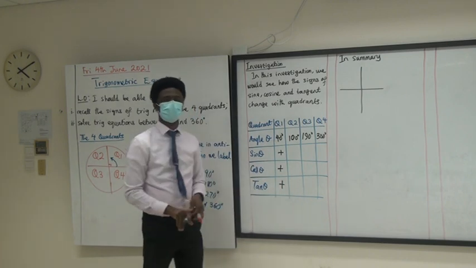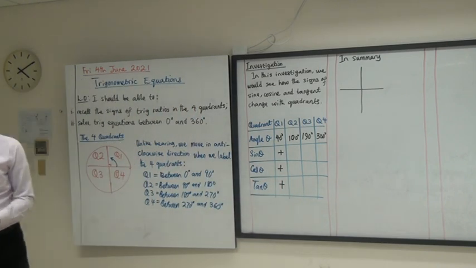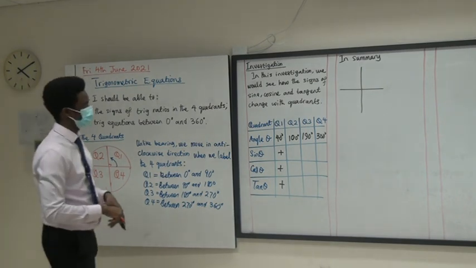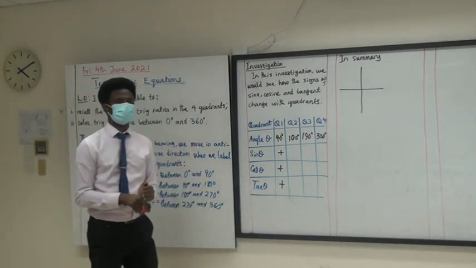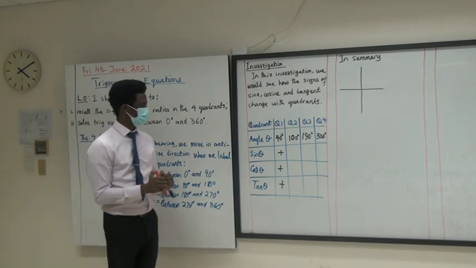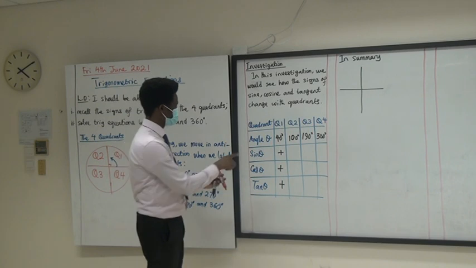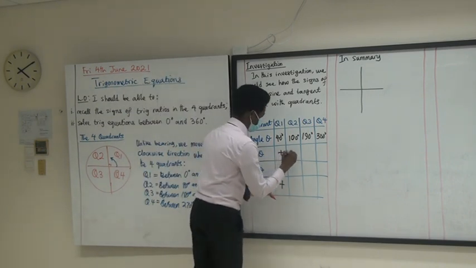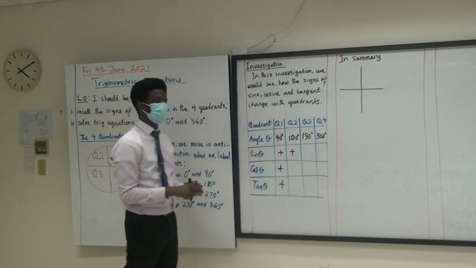Okay, so let's go to second quadrant. Everybody check the second quadrant. If you are ready, raise your hand. Okay. Miss Justin, the first one, sine 100. Positive. Do we all agree with her? Yes. Okay. William.